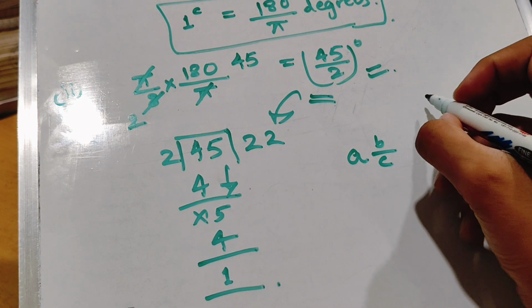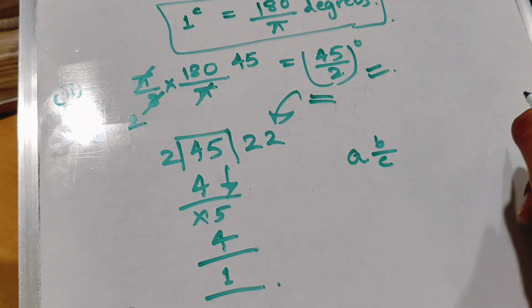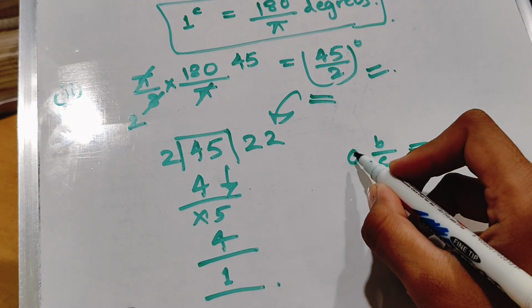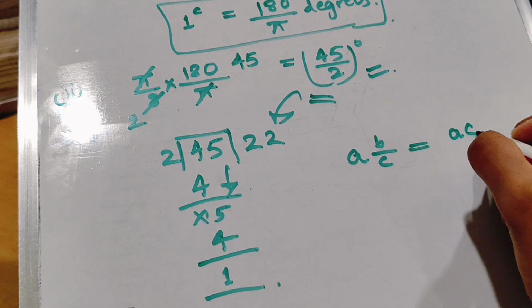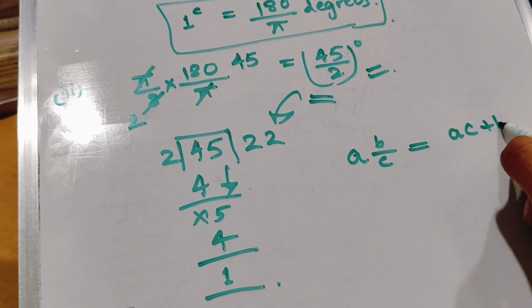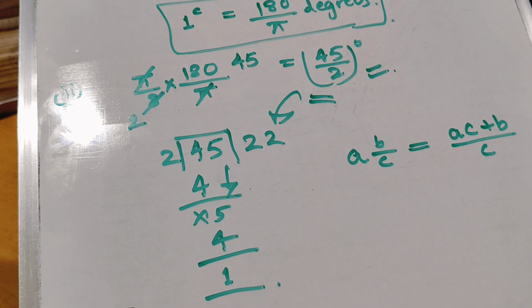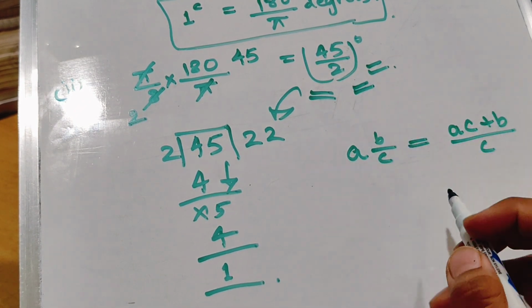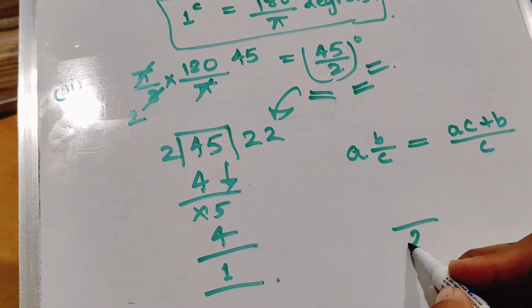So I have to convert this to mixed fraction. Now you know how to solve this, right? You multiply this with this, a into c, and then you add b to the multiplied value and the denominator remains the same. So similarly, the denominator was 2, so the denominator will be 2.